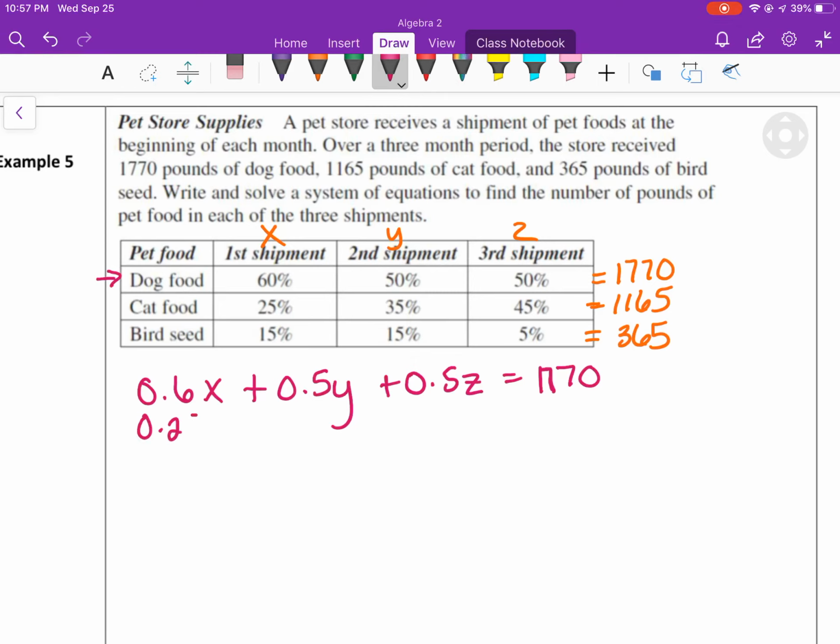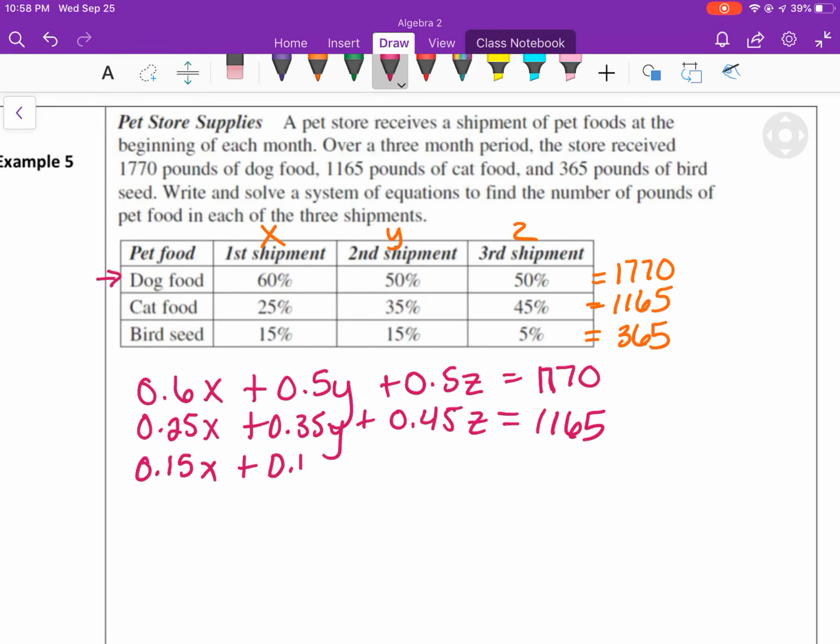Cat food will be 0.25x plus 0.35y plus 0.45z, a total of 1,165 pounds. Bird seed, 15% for each, and then 5%, 0.05, so careful there, and 365 pounds of bird seed.